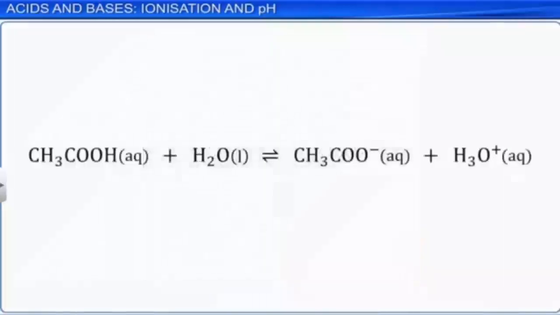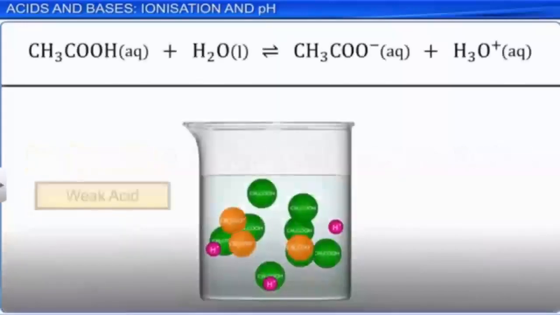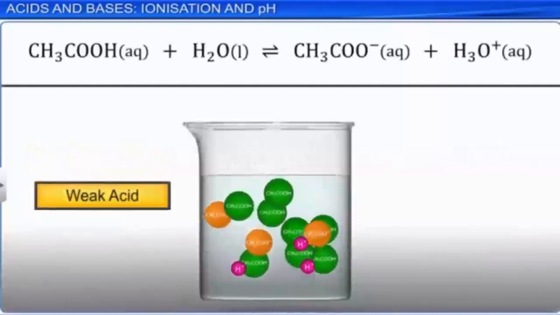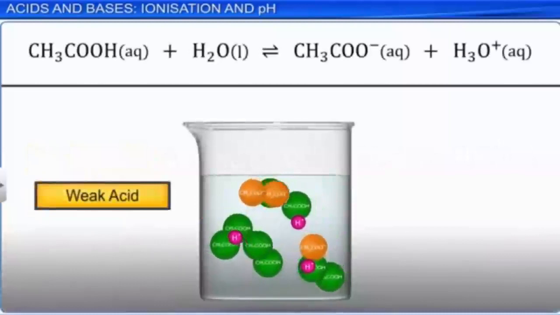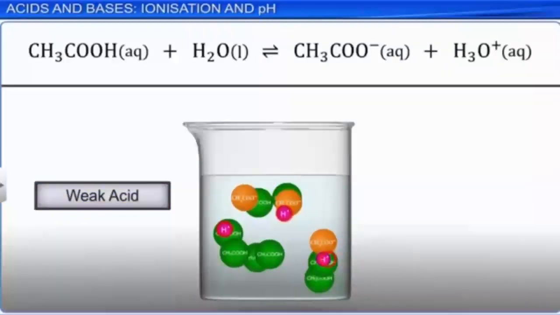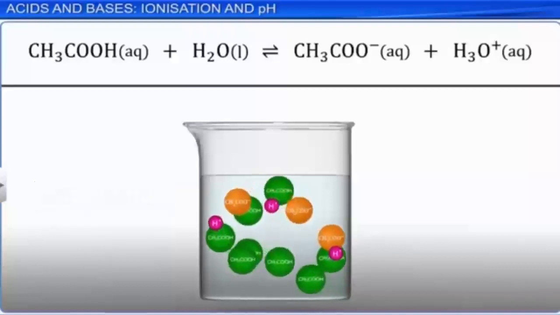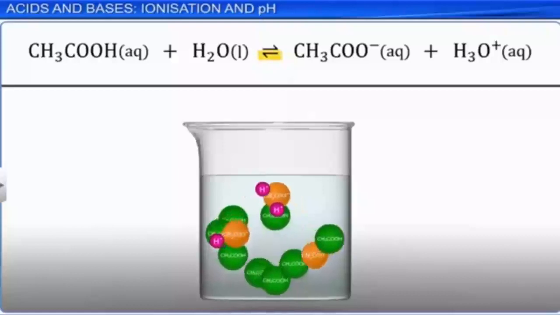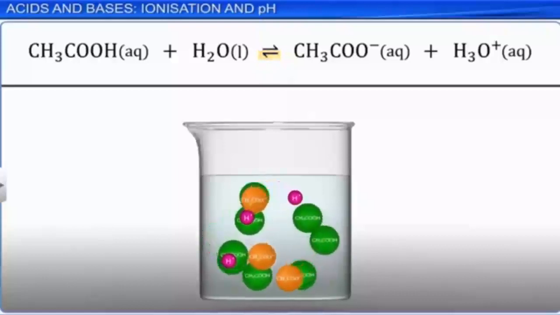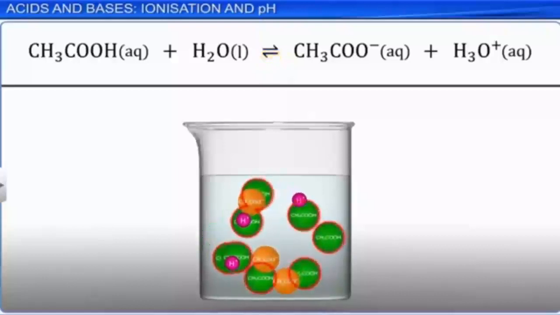Now, let's consider the dissociation of acetic acid in water. It is a weak acid. The term weak acid means that it undergoes dissociation to a lesser extent, and thus, very few ions are present in the solution. This means that the backward reaction predominates in its aqueous solution, and acetic acid remains largely in the undissociated form.